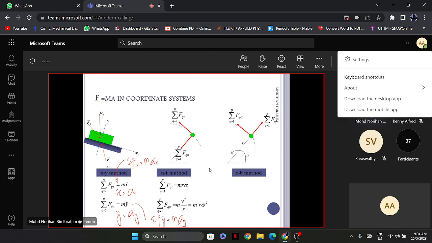Maknanya ay is equal to y double dot, ataupun v dot y. Kita boleh nyatakan dia sebagai v dot y.